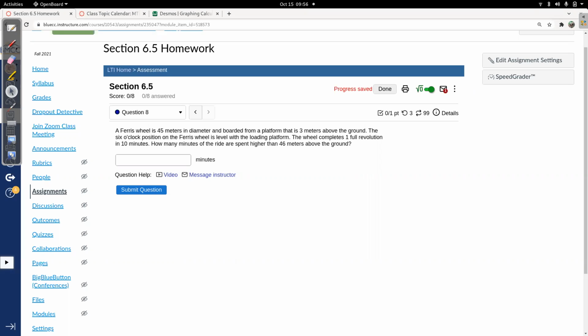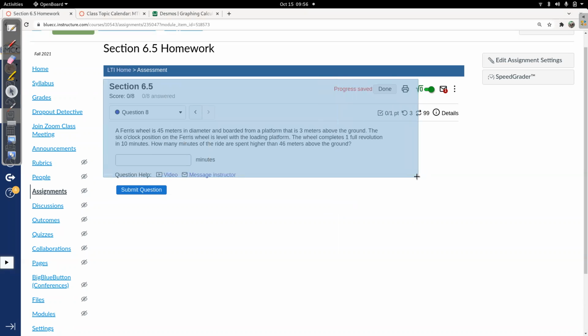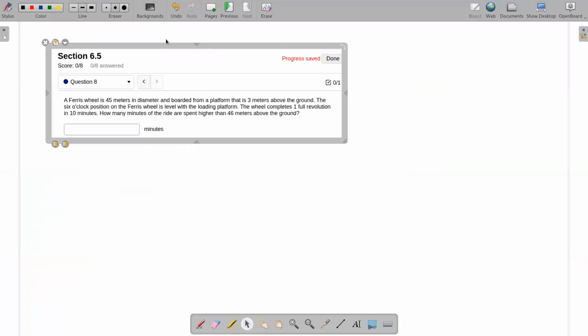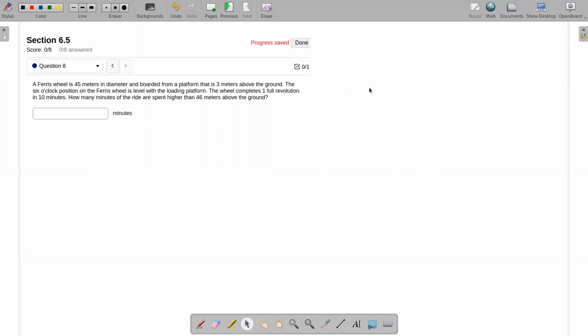Whoa, this is cool. All right, let's draw a picture. Okay, so we have a 45-meter diameter. So the first picture I think I'll draw is the Ferris wheel, and then I'll think about a function for this.